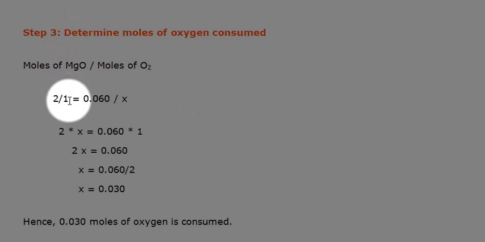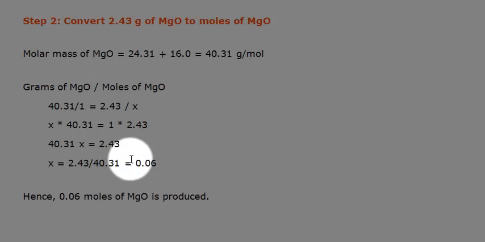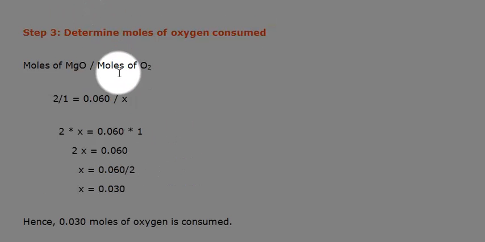So our first ratio will be moles of magnesium oxide, which is 2, divided by moles of oxygen, which is 1, equals moles of magnesium oxide, which we have calculated in the previous step, 0.06, divided by X, the moles of oxygen. Now we need to cross multiply to determine the moles of oxygen.